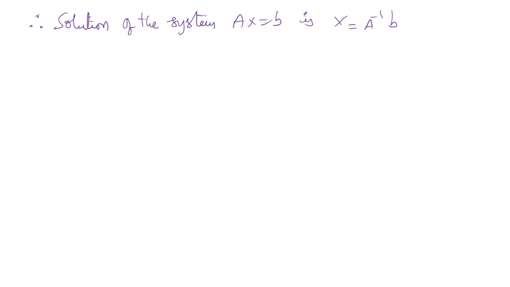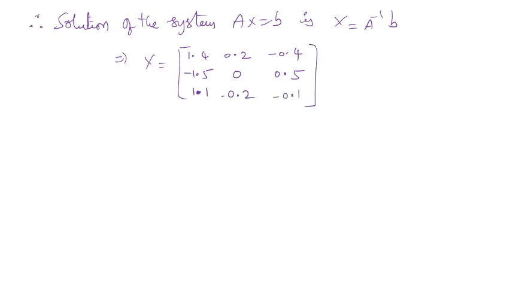Therefore the solution of the given system Ax equal to b is x equal to A inverse b. So x equal to, what is A inverse? 1.4, 0.2, minus 0.4, minus 1.5, 0, 0.5, 1.1, minus 0.2, minus 0.1 into b.